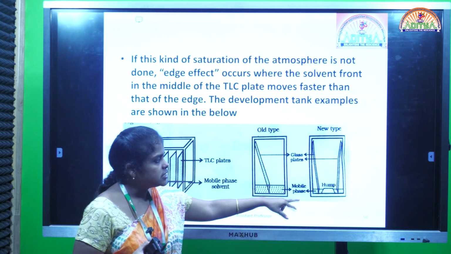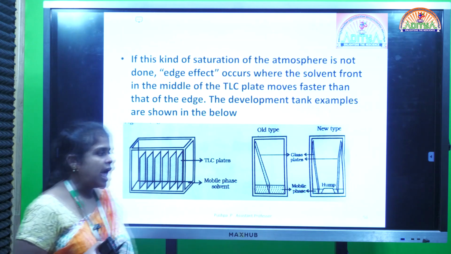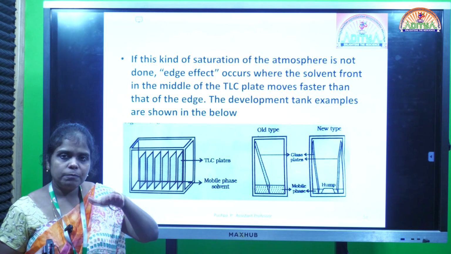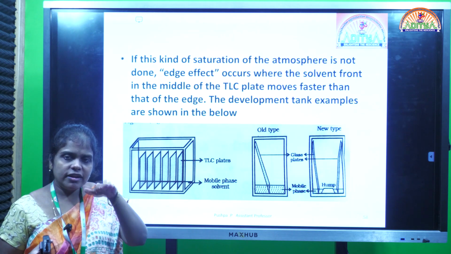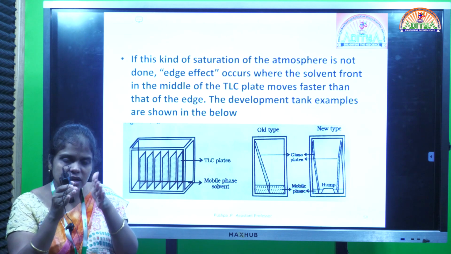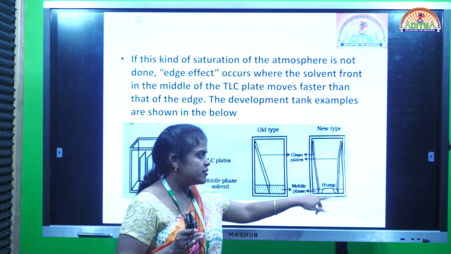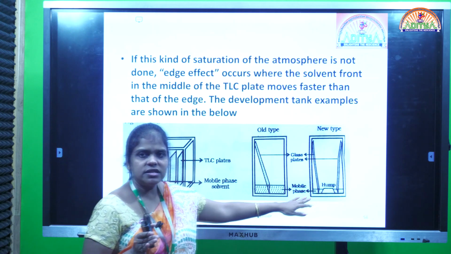And one more thing is another jar which has a hump. You can see the hump. Hump means one small divot or hard structure which separates the base of the beaker into two halves. What is the use of this hump?